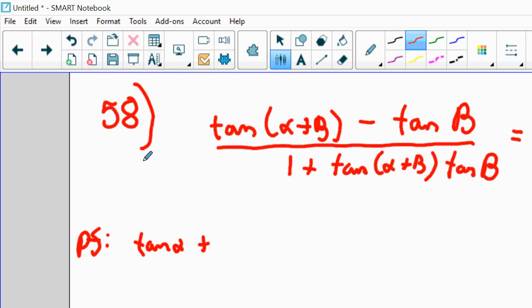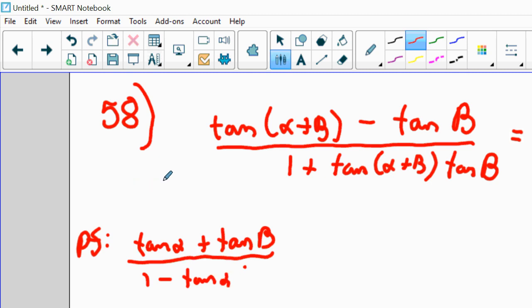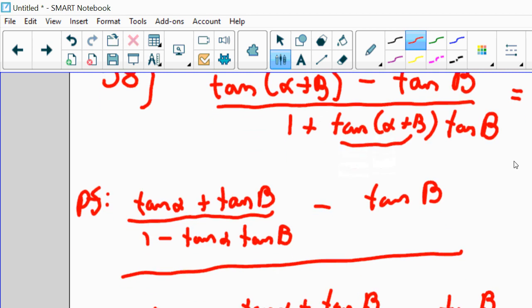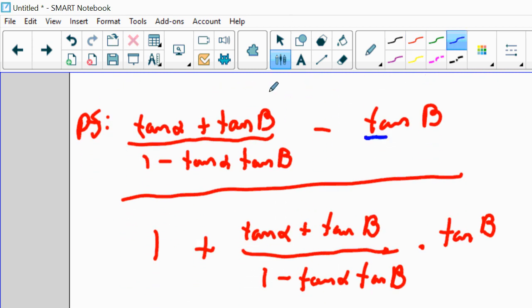Tangent alpha plus tangent beta over 1 minus tangent alpha tangent beta, minus tangent beta, all over 1 plus tangent alpha plus tangent beta over 1 minus tangent alpha tangent beta, times tangent beta. Crisscross applesauce.